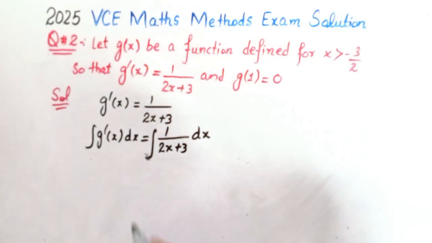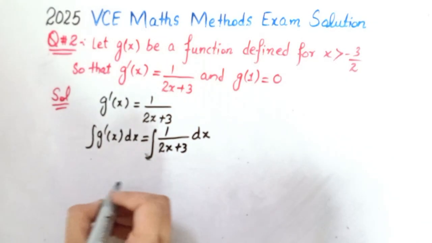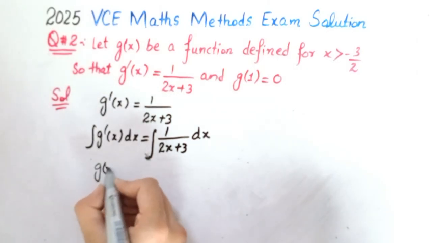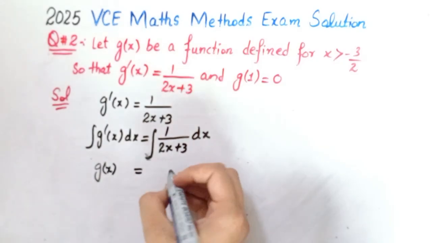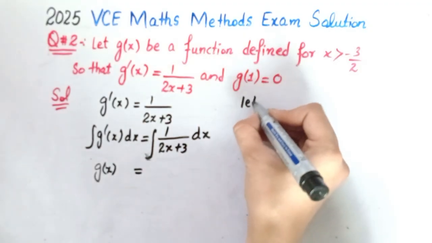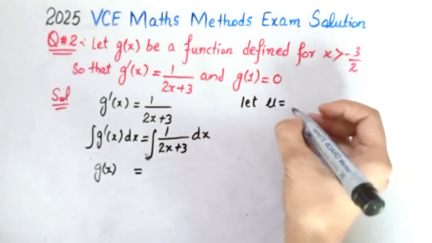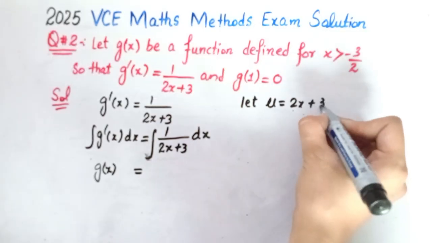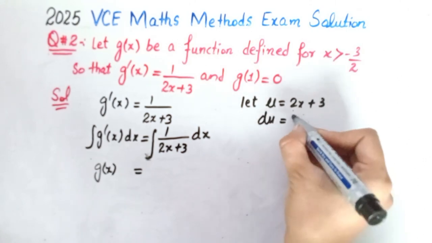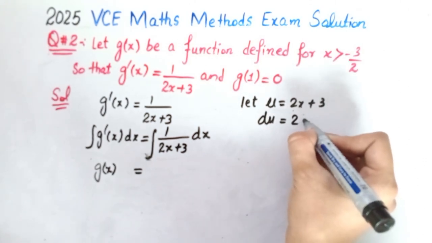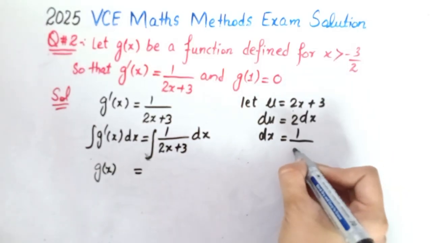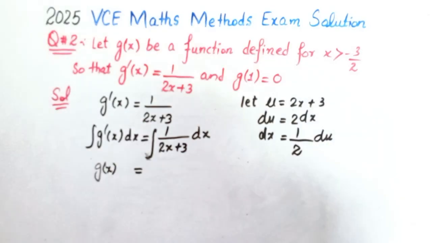Then you will apply the substitution method here. Let this be g of x, and substitute let u equals 2x plus 3. Then du will equal 2 dx, and then dx will equal 1 by 2 du.